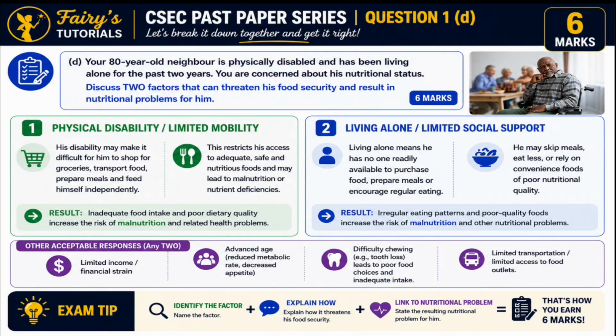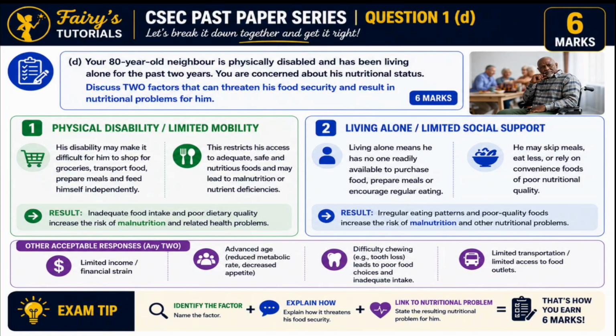Good. Now let us look at 2 ideal responses. So we're looking at his physical disability, which means he has limited mobility, right? Now his disability may make it difficult for him to shop for groceries, transport food, prepare his meal, and even feed himself independently, right? Now this restricts his access to adequate, safe, and nutritious foods and may lead to malnutrition or nutrient deficiencies.